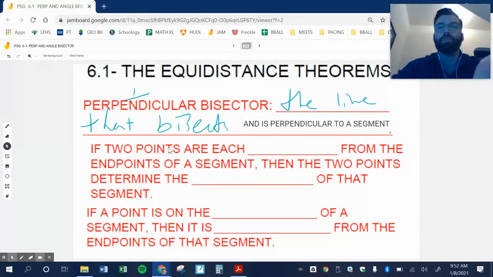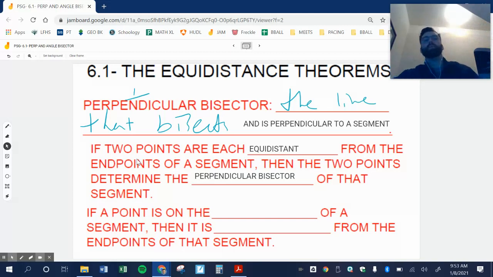If 2 points are each equidistant from the endpoints of a segment, then those 2 points determine the perpendicular bisector of that segment. What do I write down for you? I would say if equidistant points, then perpendicular bisector. That's if you wanted to shorten it, that's what I would do.